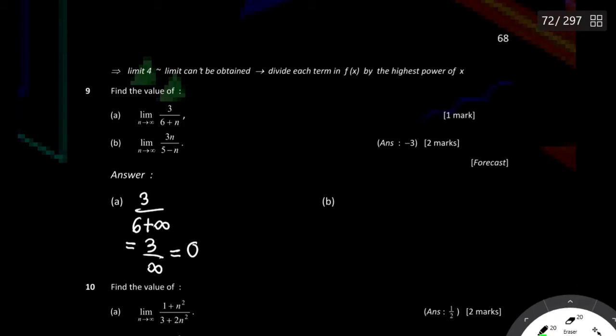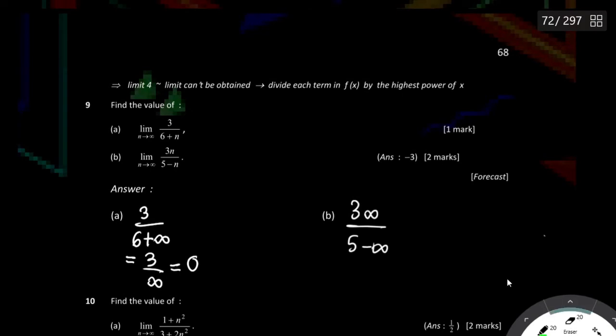Similar here. Now I'm going to substitute the infinity here. 3 infinity over 5 minus infinity. Up also infinity, down also infinity. Cannot. You have to do some simplification.